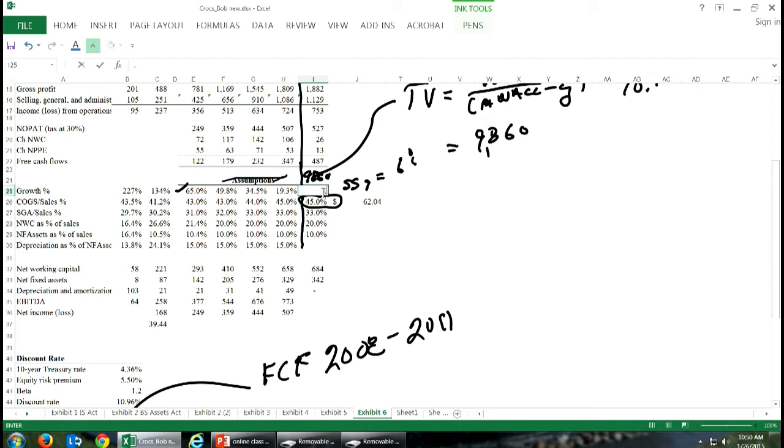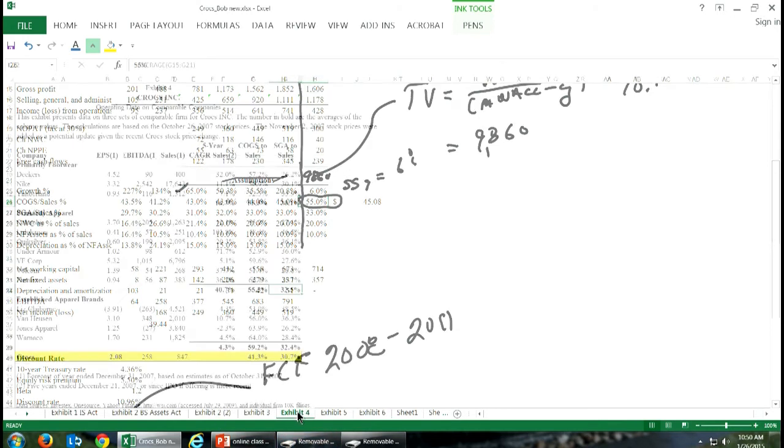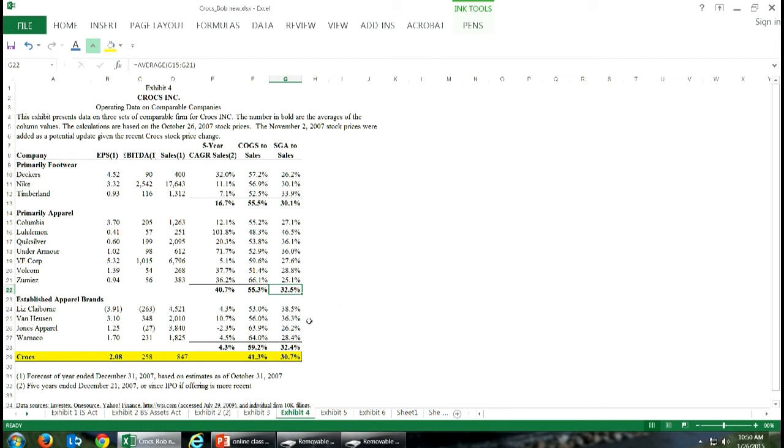But then if we put in 0.08 as a growth rate, we get this huge increase in value. So I think a case can be made that one of the things that should be reasonable for Crocs is that they have a margin in steady state which is more consistent with the margins of some of these other firms. And if we look at what the growth rate has been, we could adjust the growth rate.